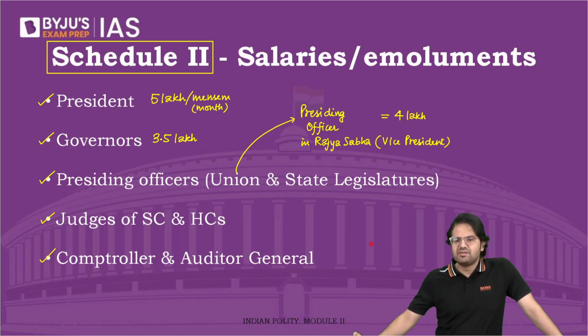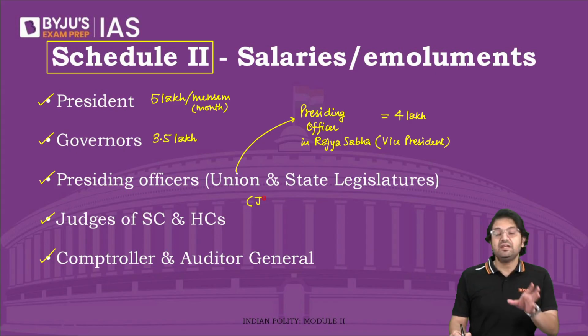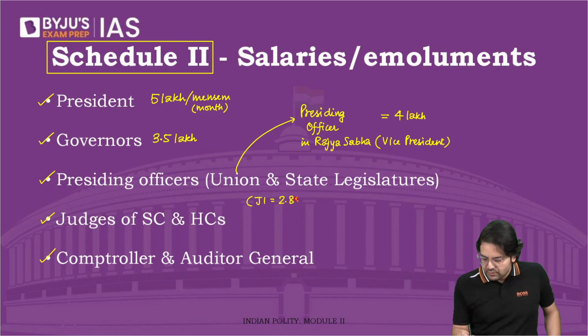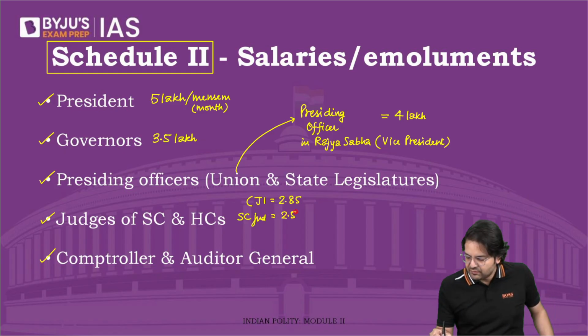Clear? Then judges of Supreme Court. So Chief Justice of India, CJI, stands for Chief Justice of India. Their salary is 2.85 lakhs. Supreme Court judges, their salary is 2.5 lakhs. Chief Justice of High Court, their salary is 2.5 lakhs.